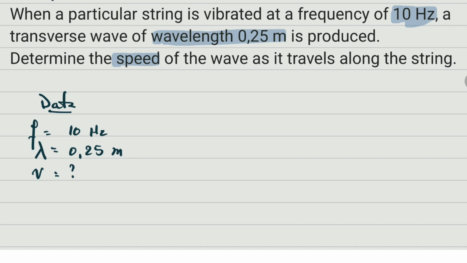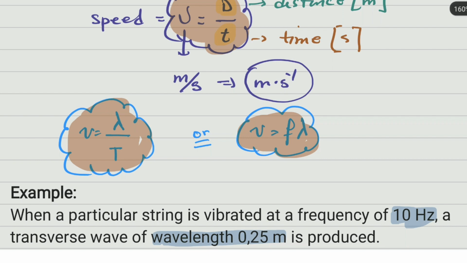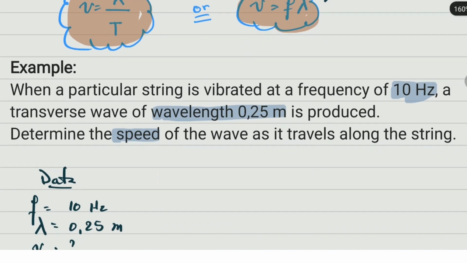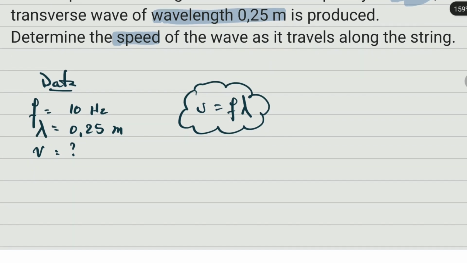Now, according to the data you have, you go to the formula for speed, and you can see that the most suitable to be used is this one here, because we in actual fact have everything. So speed of the wave is equal to frequency multiplied by wavelength. You always write the formula first, always, and then you are going to substitute.